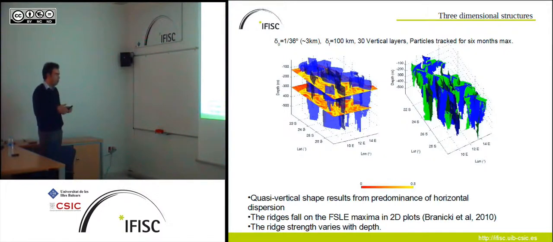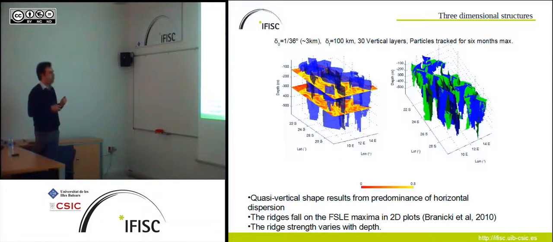If you look closely, you will see that we are using the same threshold of extraction, meaning that structures with an intensity lower than this threshold won't be extracted, and you can see that the structures generally get smaller and smaller as we go deeper, and that means that the intensity of the structures is getting lower and lower, just like the finite-size Lyapunov exponent fields that I showed you a few slides ago.